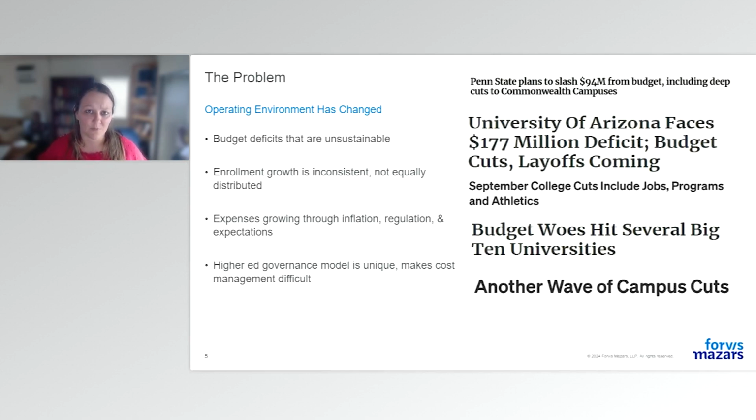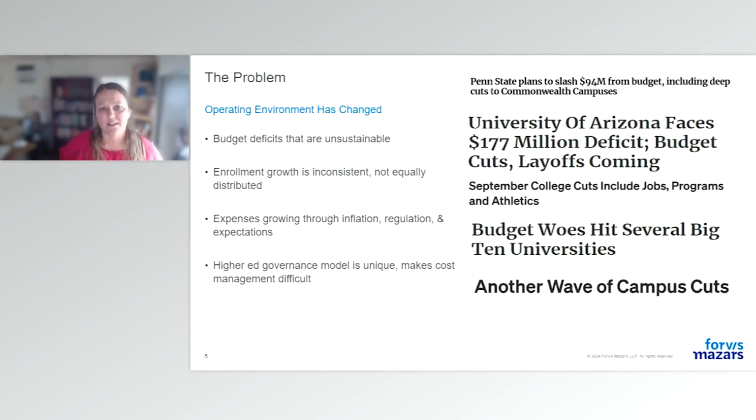This challenge is affecting not just private higher education, but also some of the large flagship institutions across the state. And it's not surprising. Enrollment growth is inconsistent and probably bifurcated, in that the rich are getting richer and the poor are getting poorer. Expenses have grown, as we all know.